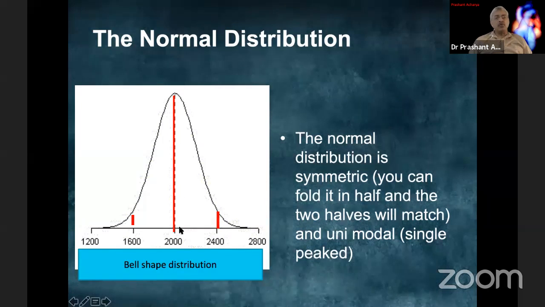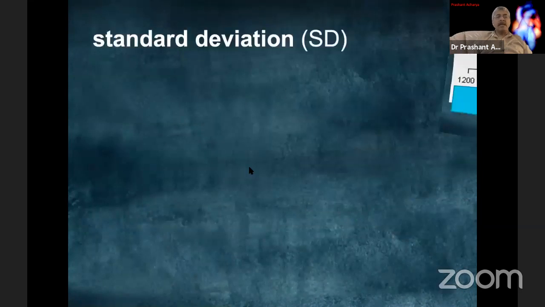Exactly, the peak is going to give you the 50th centile, the highest point, and the first 5% we consider is going to be the 5th centile, and the last is going to be considered as the 95th centile. So this is what a normal distribution is, and from that let us understand what is standard deviation.